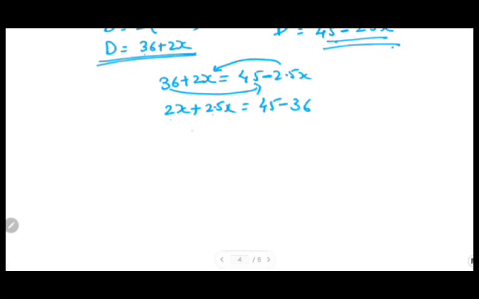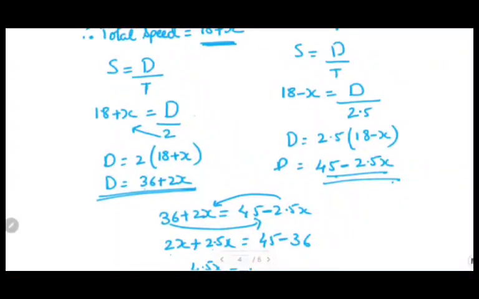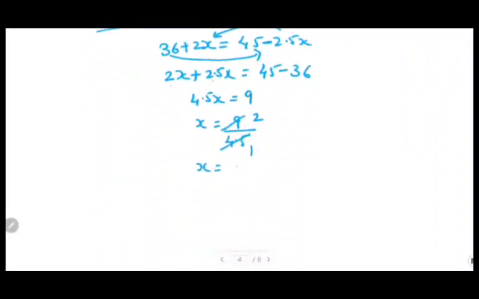So 2 plus 2.5 makes it 4.5x, which is equal to 9. x is equal to 9 upon 4.5. 4.5 twos are 9. My x, which is my speed of water, children, which is how much? 2 kilometers per hour.